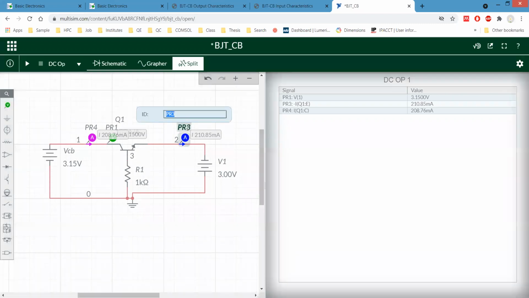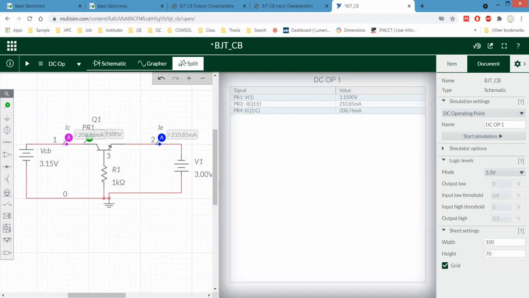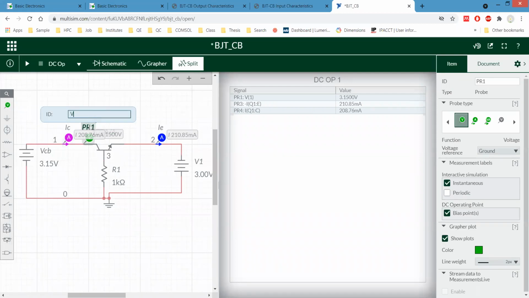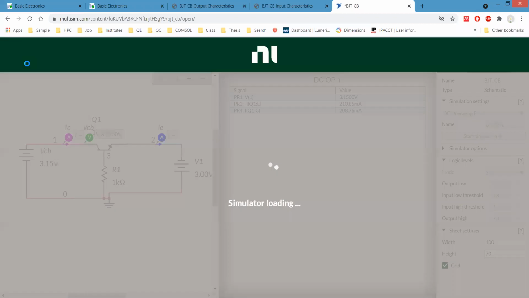This is the emitter current IE, and this probe 4 is IC, and this is VCB. So let me run it once, then we'll have a clear picture.